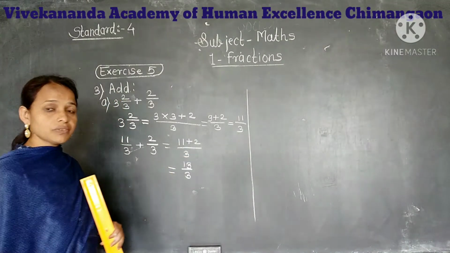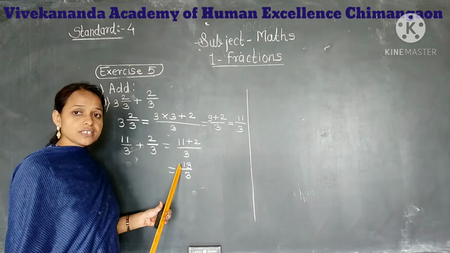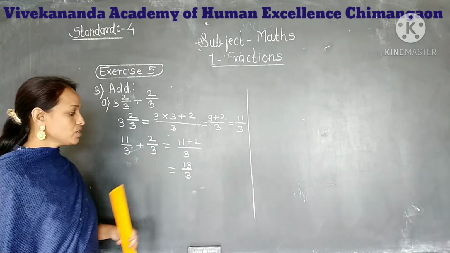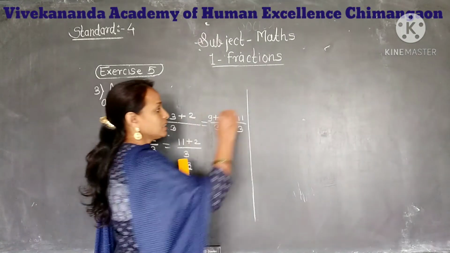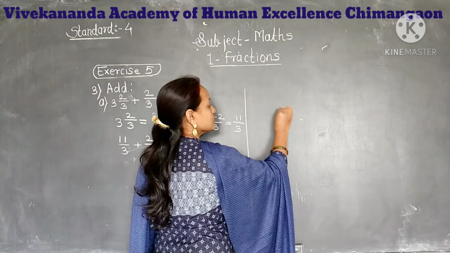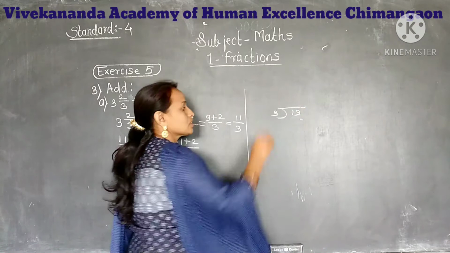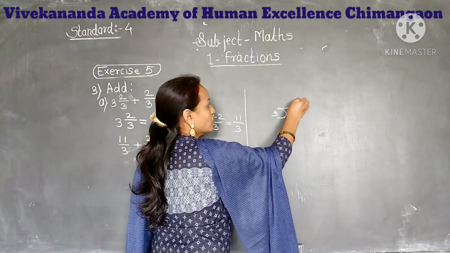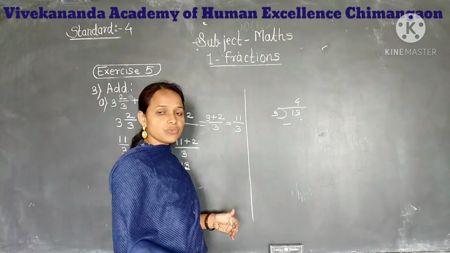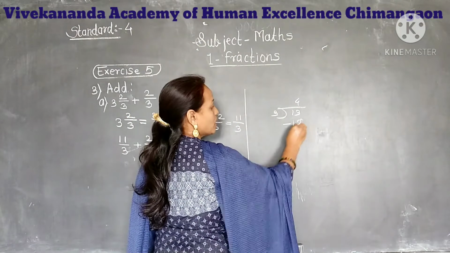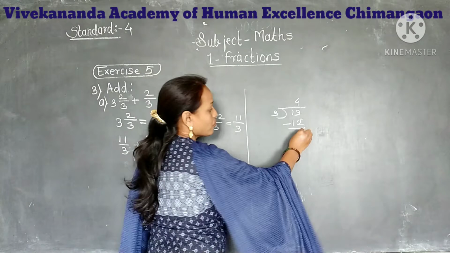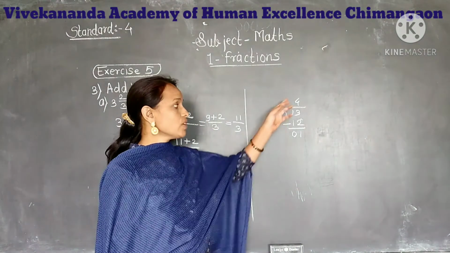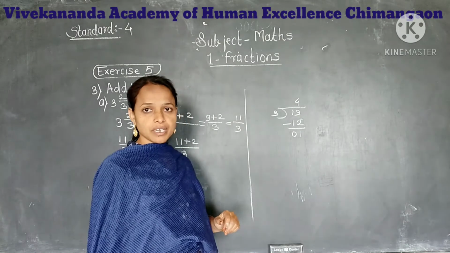Now we convert this fraction into its lowest term by dividing numerator by denominator. So we divide 13 by 3. 3 fours are 12. So we get quotient 4 and product 12. We subtract, we get 1. So we divide 13 by 3 and get 4 as quotient and 1 as remainder.